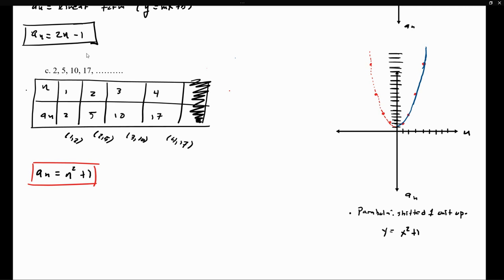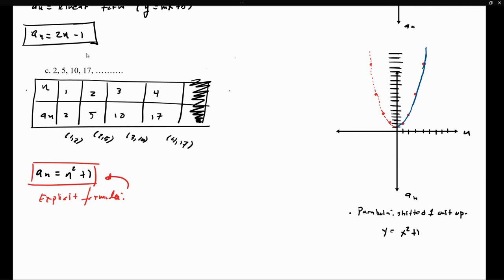So notice that this seems to be the explicit formula that we were looking at. It seems to be the explicit formula that we can use to define the sequence. It's defined as just n squared plus 1. And notice that the way that we obtained this formula was to first just pull up the points and see, well, is it a line?